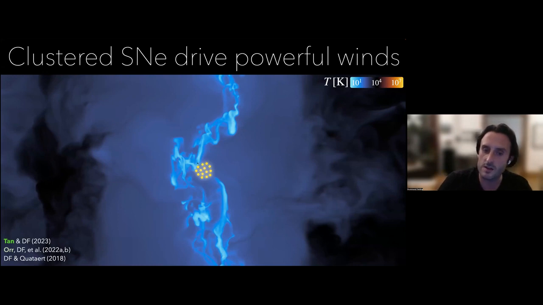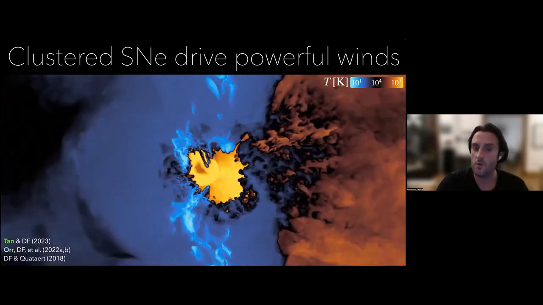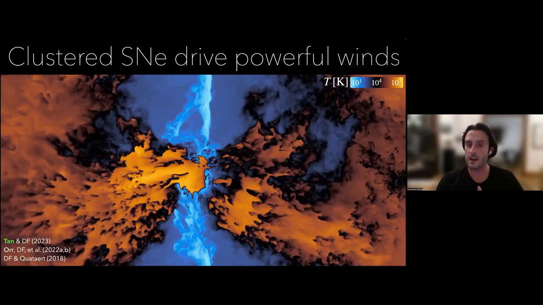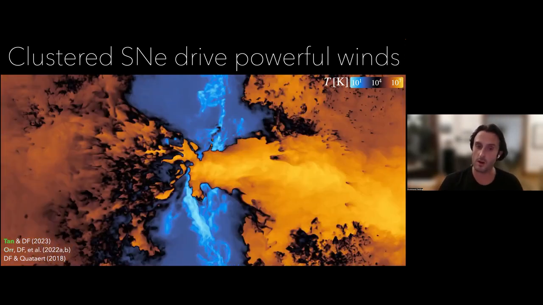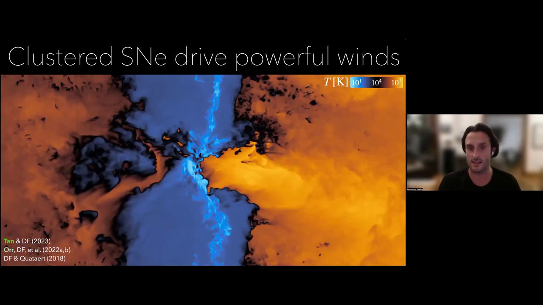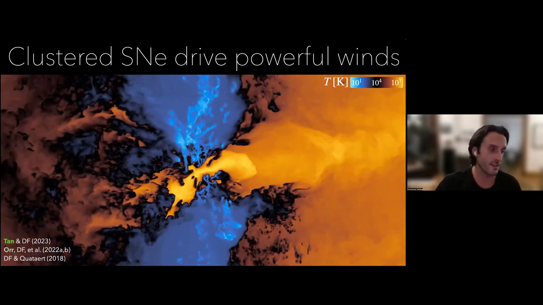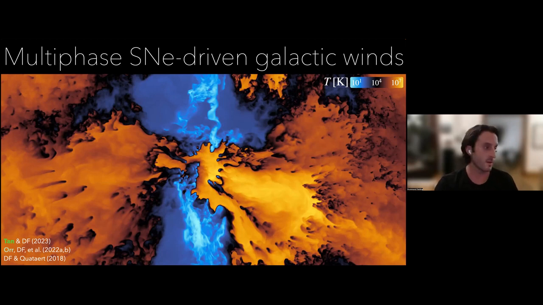And there's going to be hundreds of stars that have just formed right here in the center. And they're going to explode as supernovae, which rip through the interstellar medium, drive this turbulent bulk outflow up out of the galaxy, driving this highly multi-phase galactic wind.